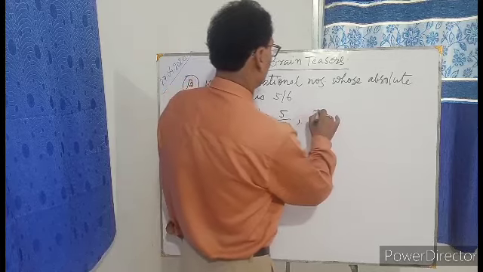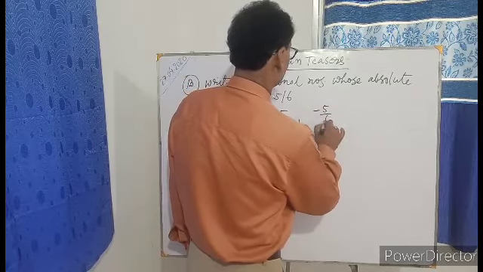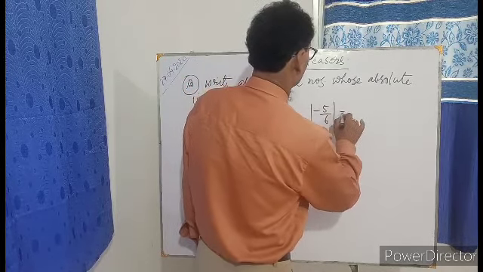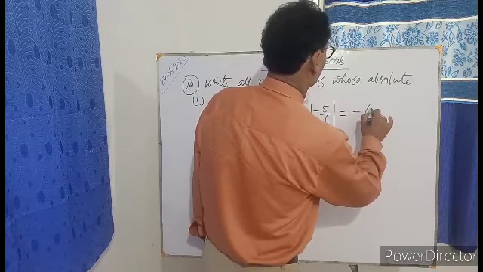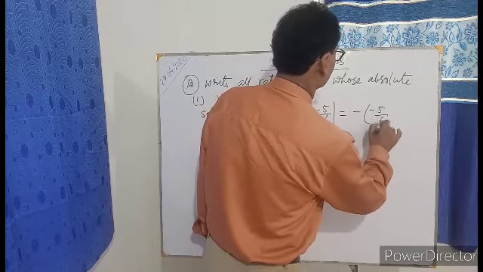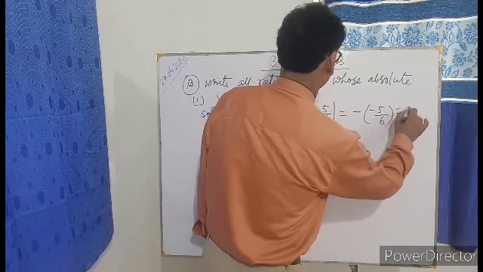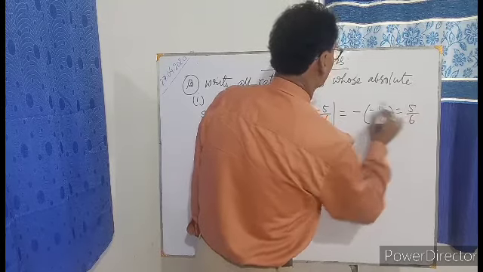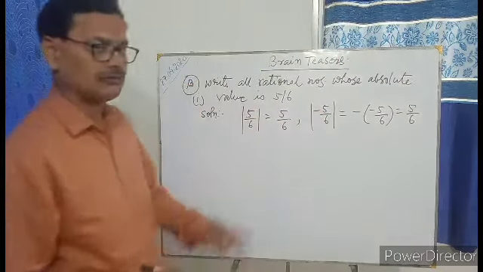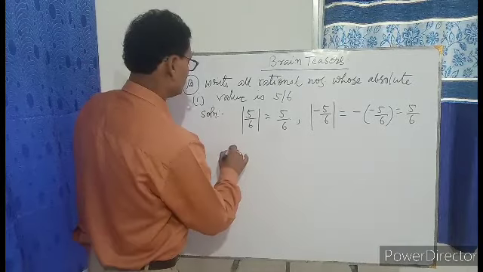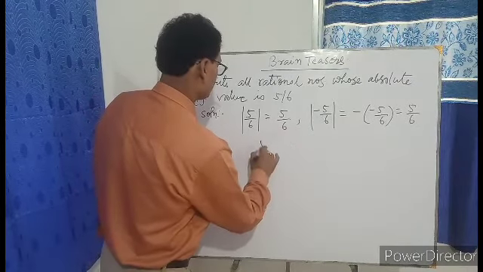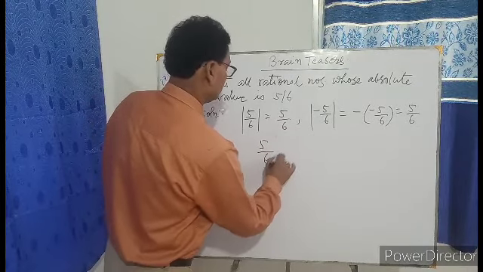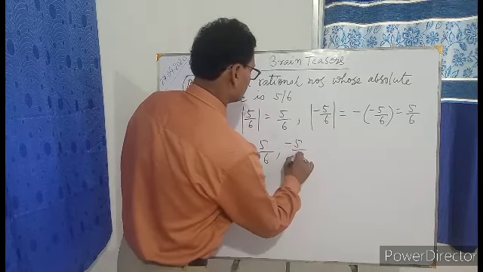If it is minus 5 by 6, then also its value is minus of minus 5 by 6, and it is equal to 5 by 6. So here we are going to have two numbers. The answer is 5 by 6 and minus 5 by 6.